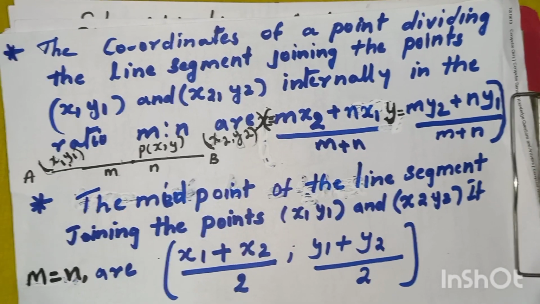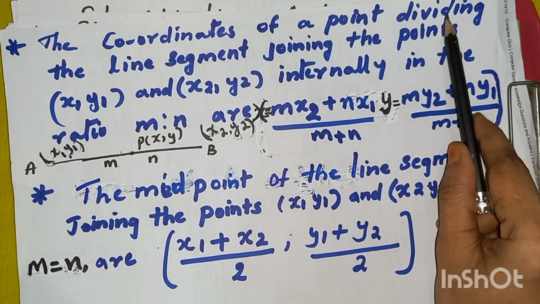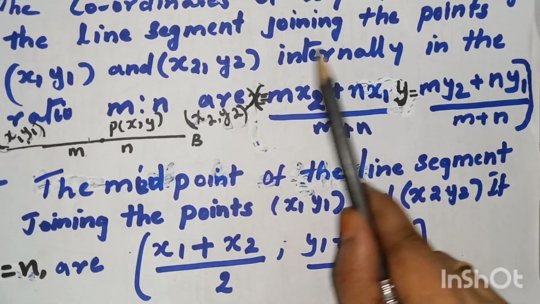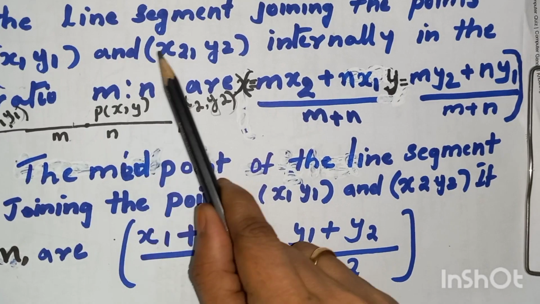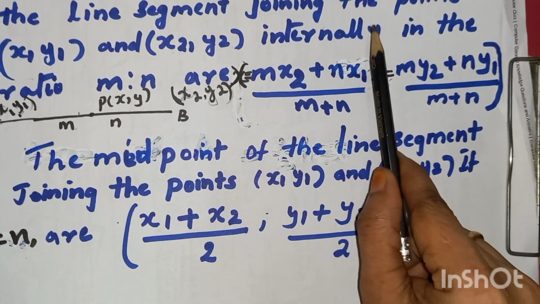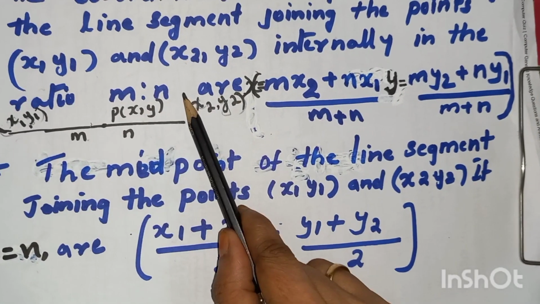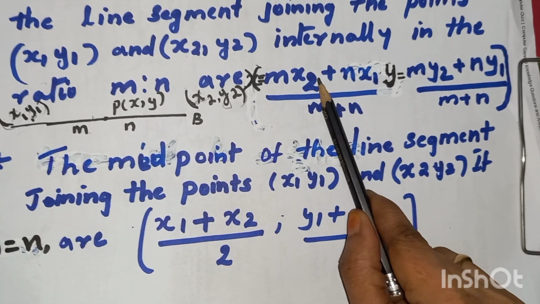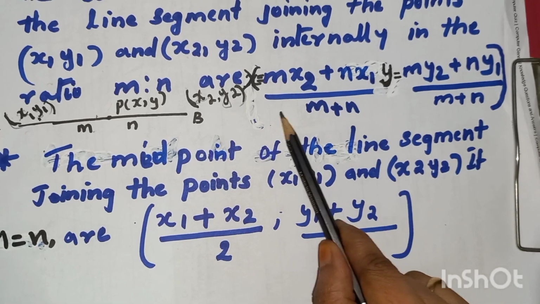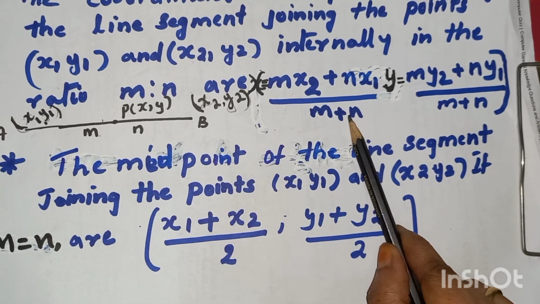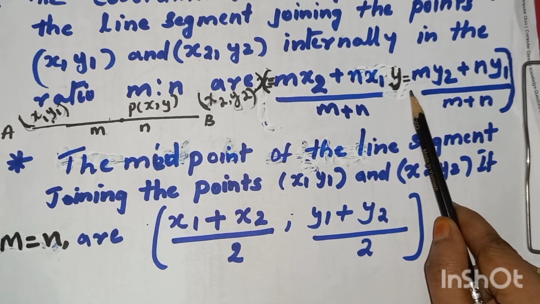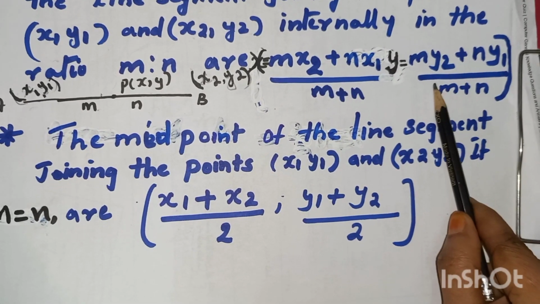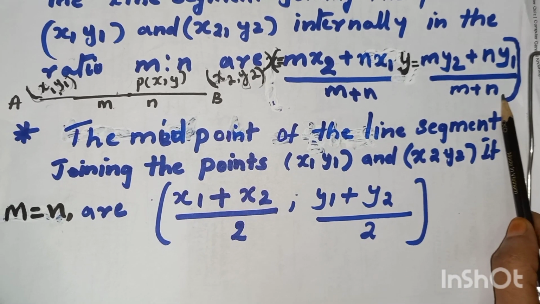The coordinates of a point dividing the line segment joining the points (x1, y1) and (x2, y2) internally in the ratio m:n are x equal to (mx2 plus nx1) divided by (m plus n), and y equal to (my2 plus ny1) divided by (m plus n).